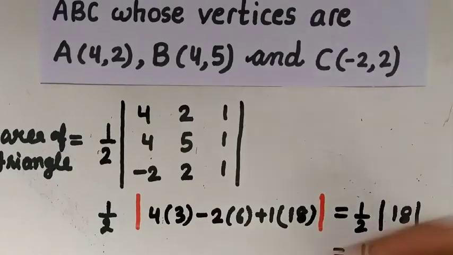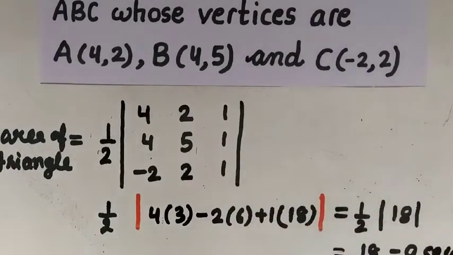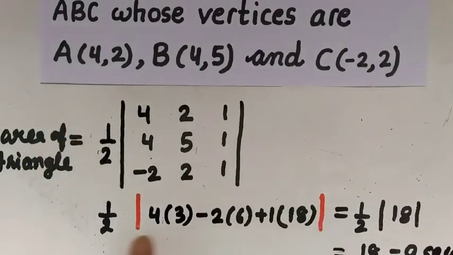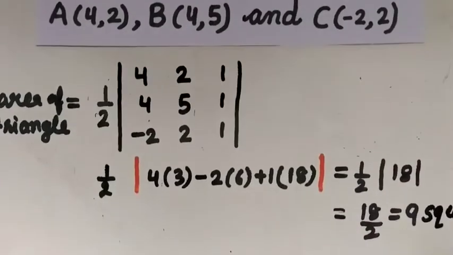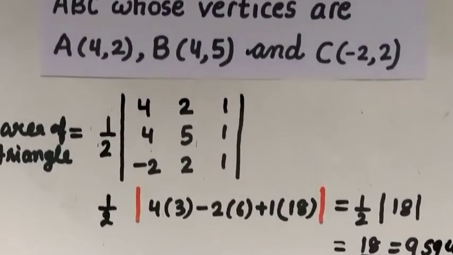And then in the third column, we write all entries 1, 1, 1, and outside this determinant we write 1 by 2. We can write all these coordinates in any order. And we apply mod here because we are finding the area of a triangle, and the area of a triangle is a positive quantity. So the area is 9 square units.